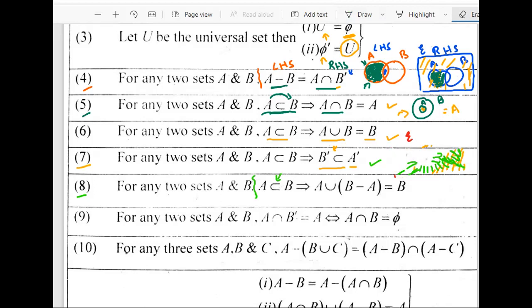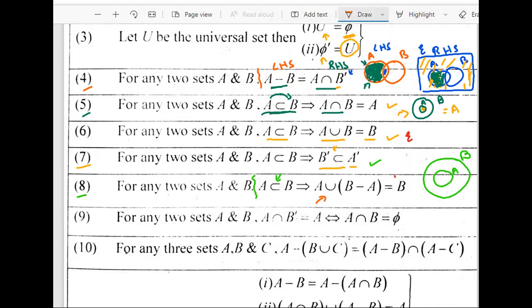A is a subset of B means B is the big set and A is the small set. So I draw a big set, that is B, and a small set, that is A. Let me choose a different color. Okay, orange.